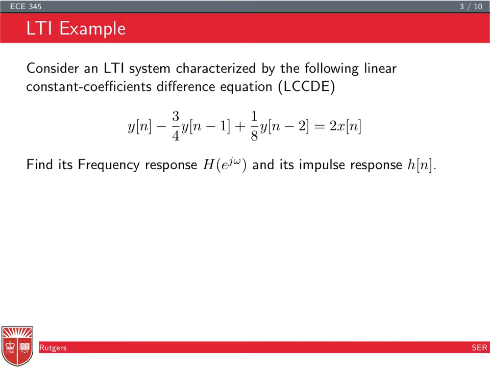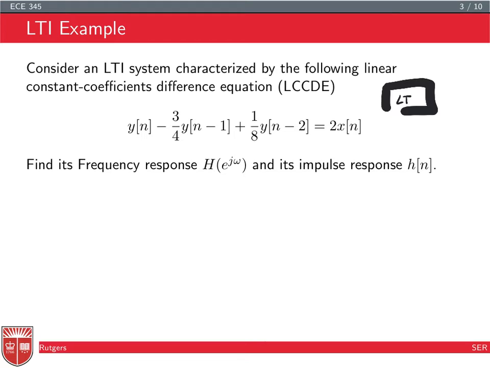So typically we will be characterizing an LTI system using a linear constant coefficient difference equation, or what we will refer to as an LCCDE. So here let's take an example.